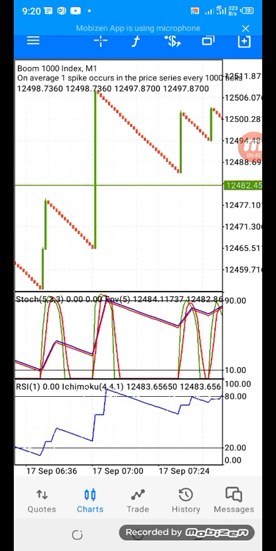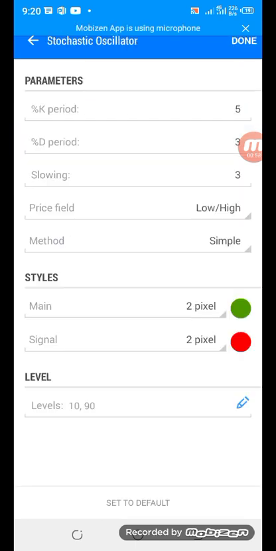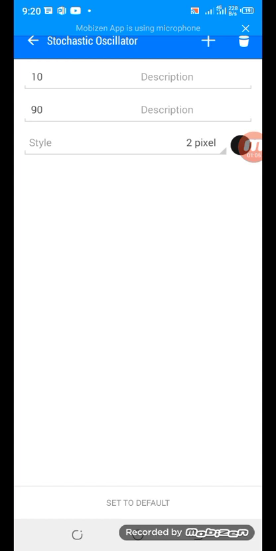So what we just need, we are using only 4 indicators here. So we are going to make use of stochastic, that is 5, 3, 3, and the levels are 10 and 90.